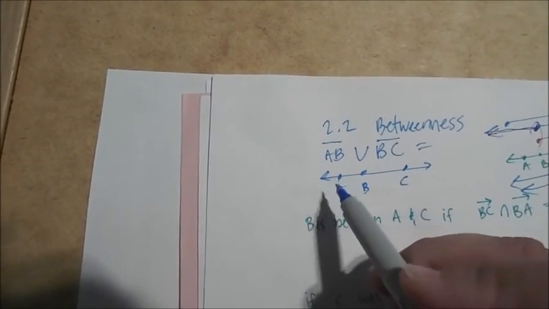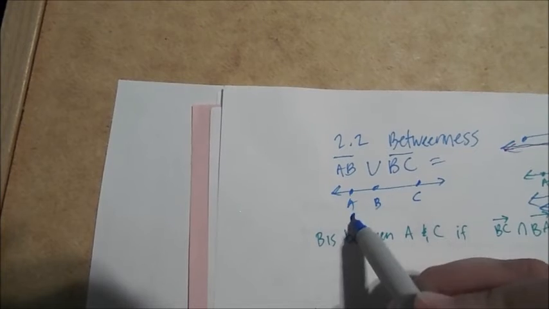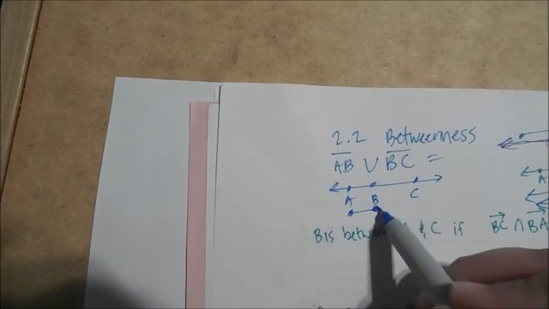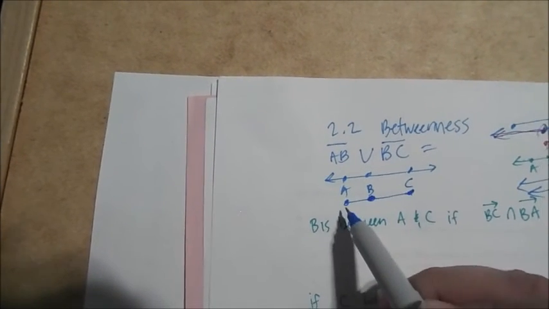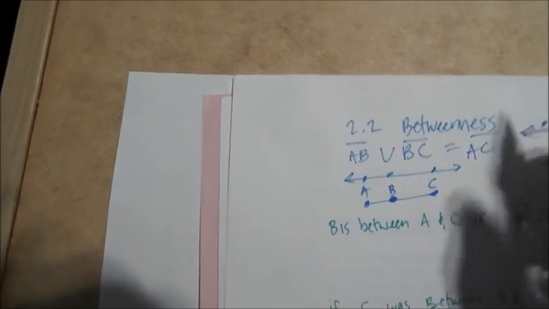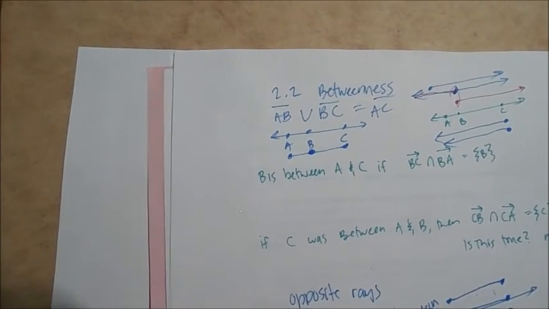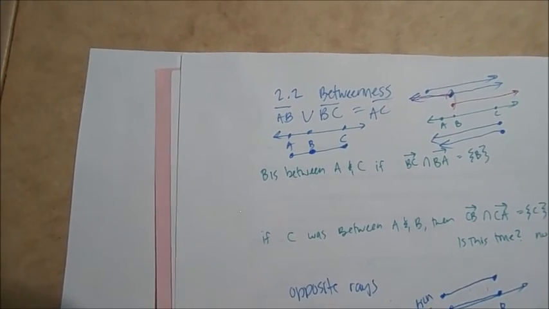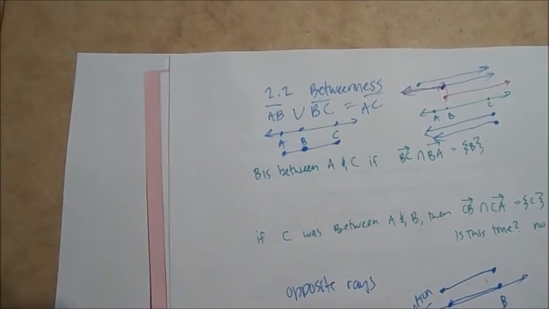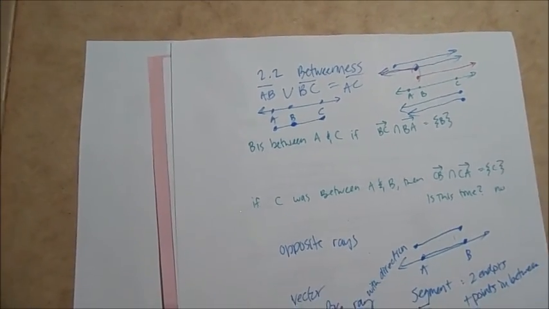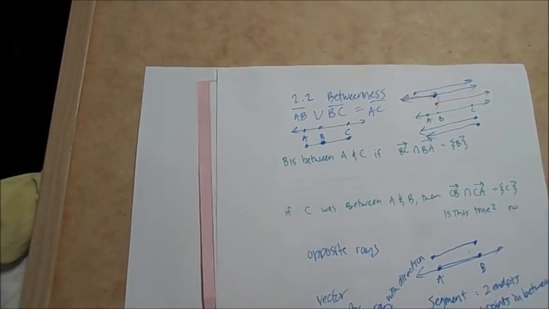So you'd come to your picture and say, all right, this segment here, and I'm going to union it with this segment right here. It ends up just looking like you made a larger segment. So I would say you get segment AC. That's an idea of how you would use your pictures, your symbols, and your concepts of union and intersection for that.